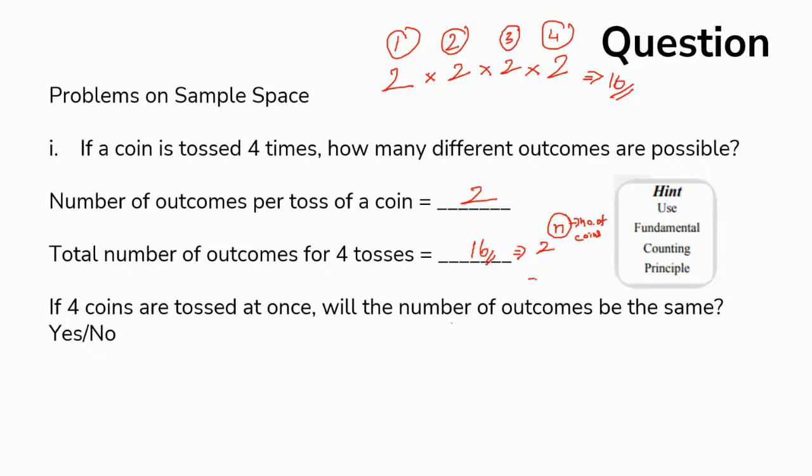So it is nothing but 2 power 4, and once again I get 16 here. So, if 4 coins are tossed at once, will the number of outcomes be the same? Yes, it will be.